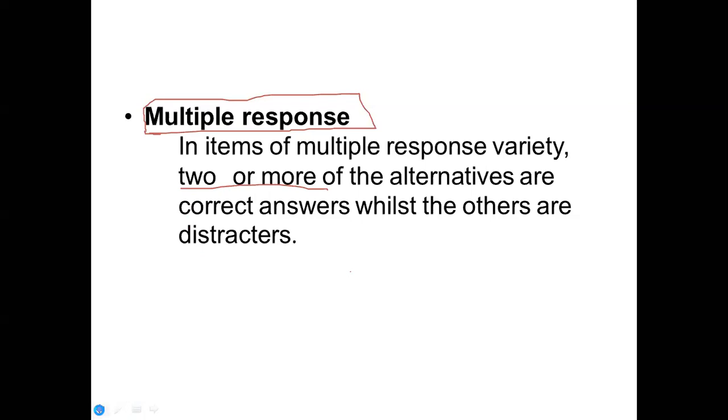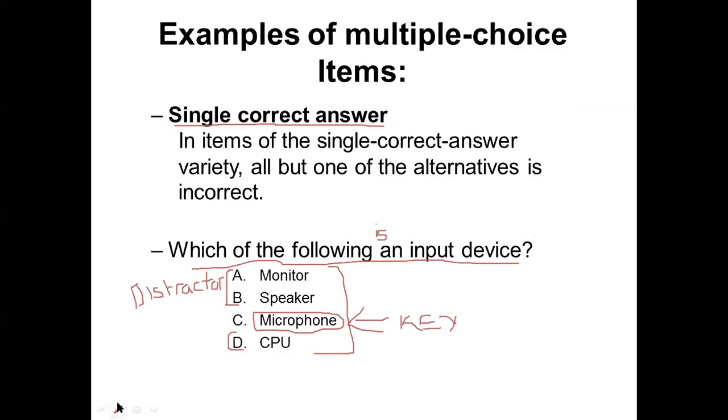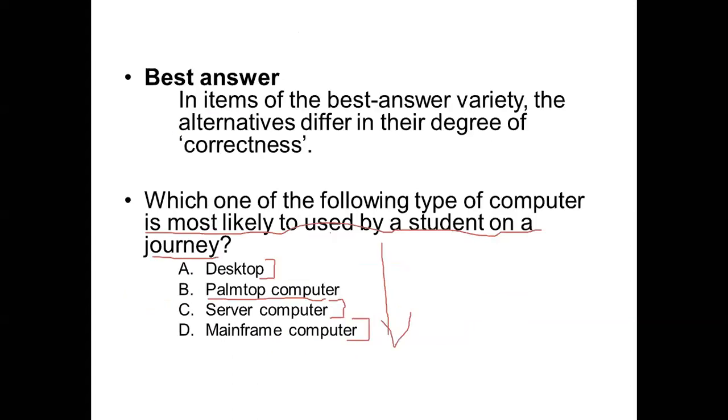The first one was single correct answer, where only one answer is correct. Then we had the best answer type of question, where the correctness of the answer varies in degree.